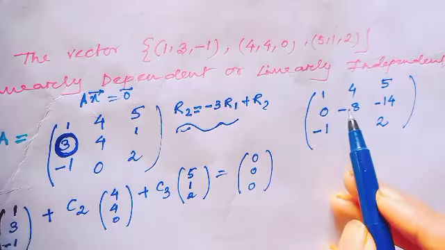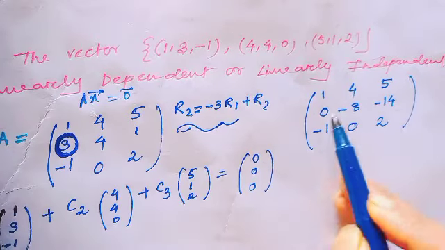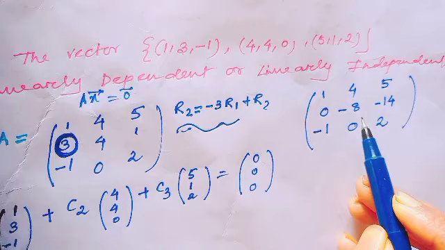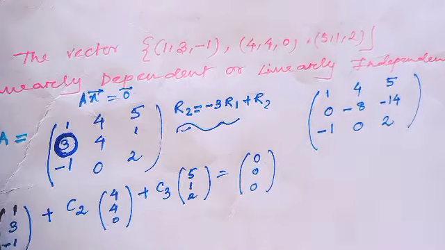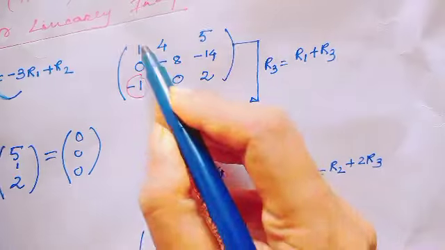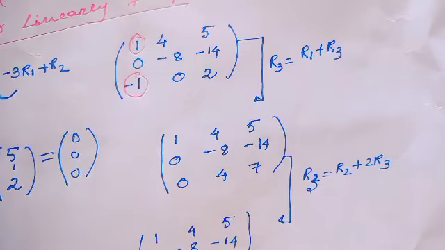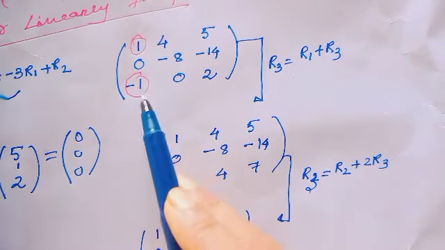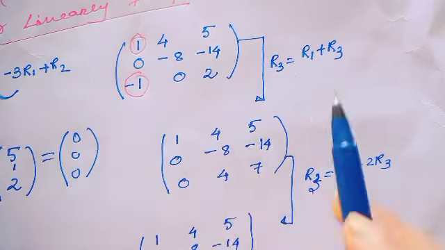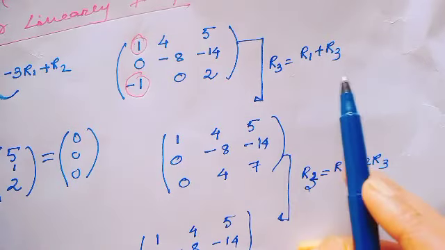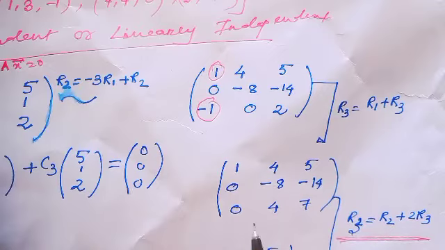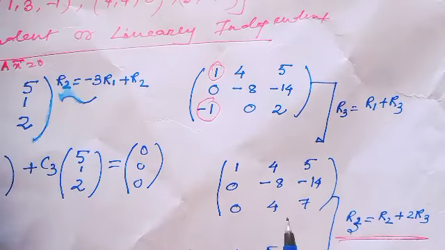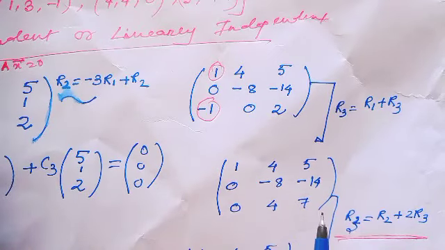Then R2 is replaced by 0, -8, -14. To reduce further, apply R3 equal to R1 plus R3. Then R3 is replaced by 0, 4, 7.